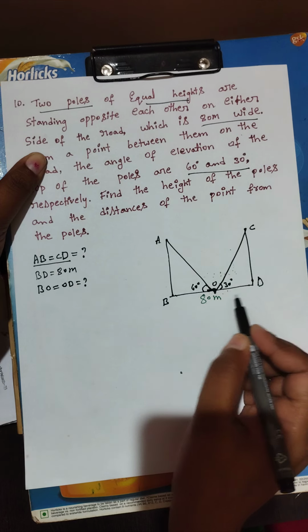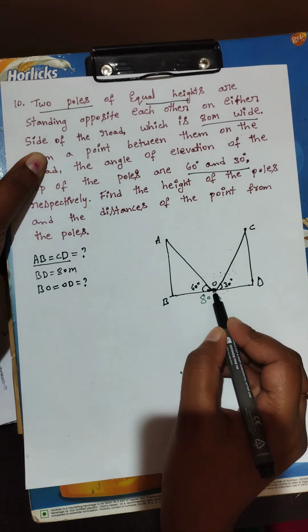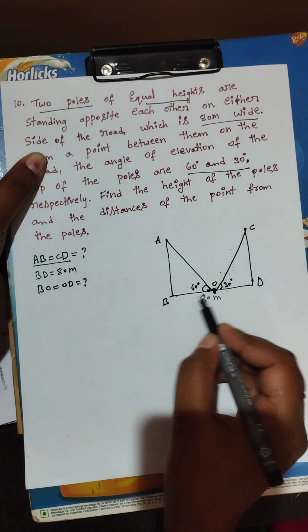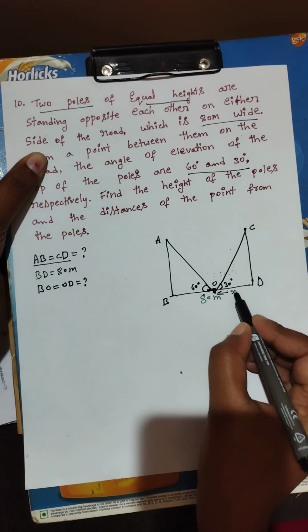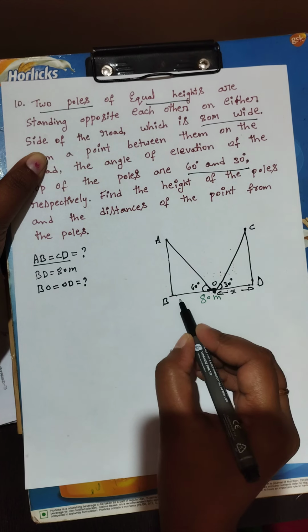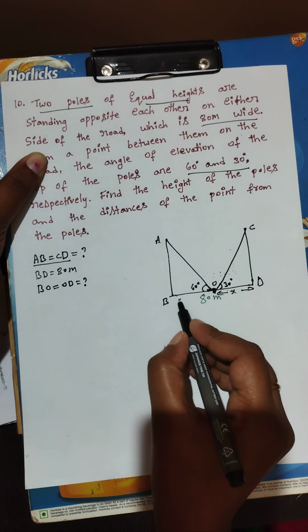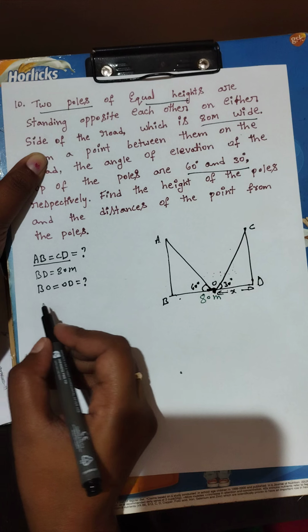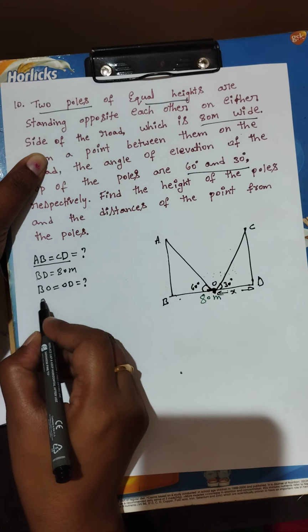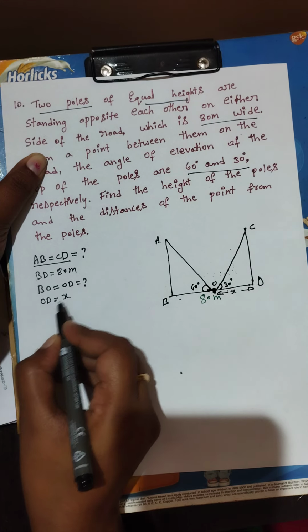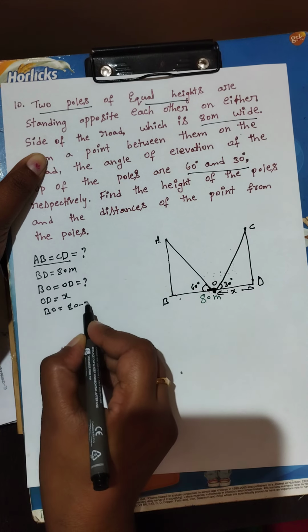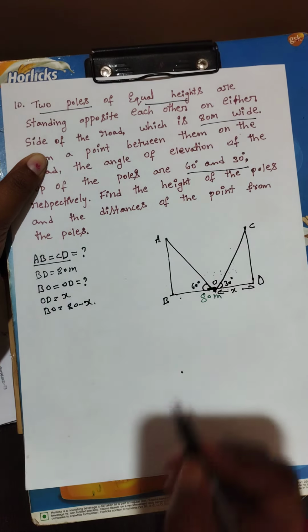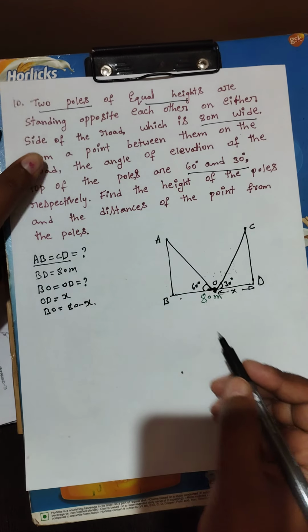This entire is 80, so if you consider this distance as x, then this should be 80 minus x, right? Let me write here. Suppose if we consider OD equal to x, then BO should be 80 minus x.